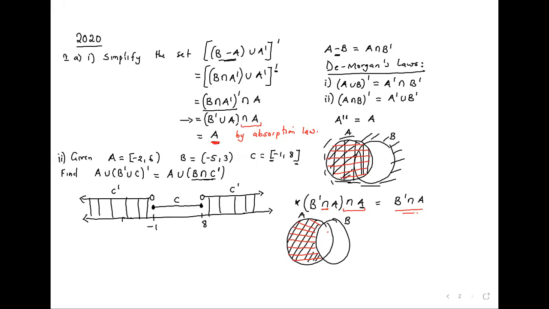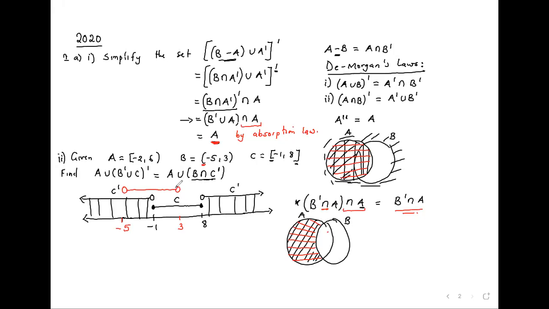B is starting from -5 and will go all the way up to 3. It does not include -5. It's open. So you open at -5 and open at 3, and then go up to there.